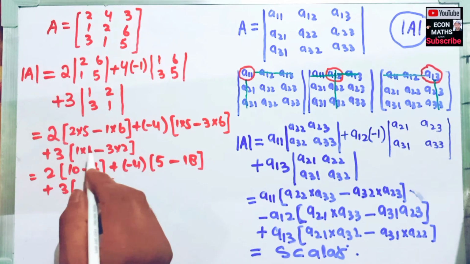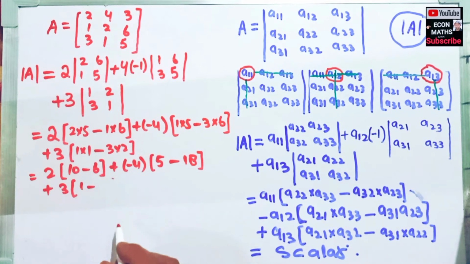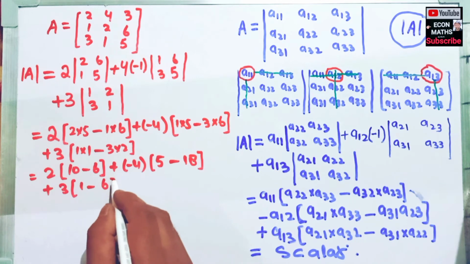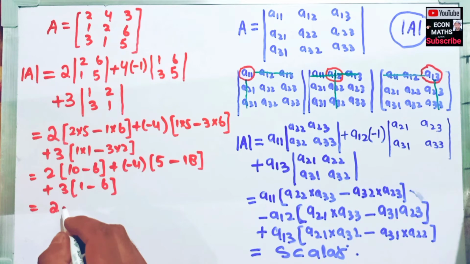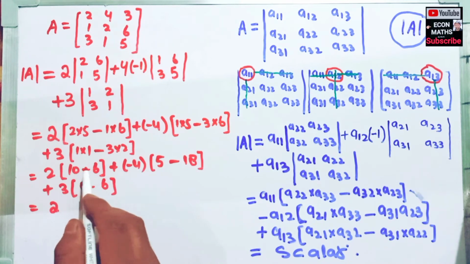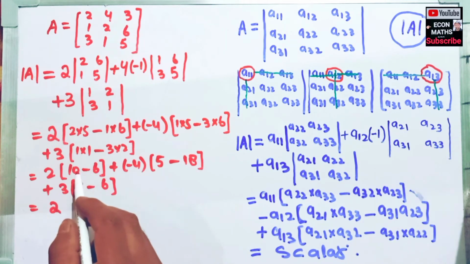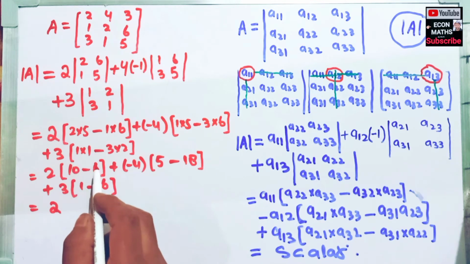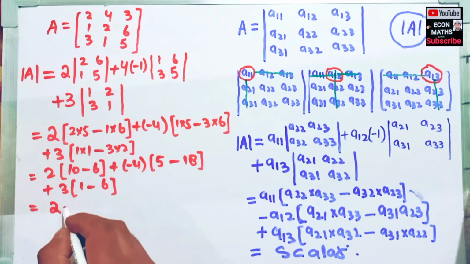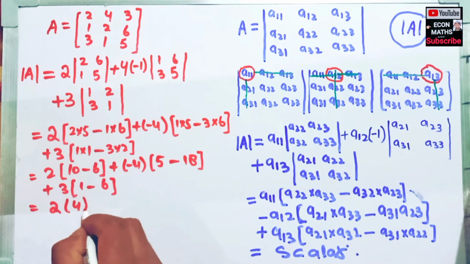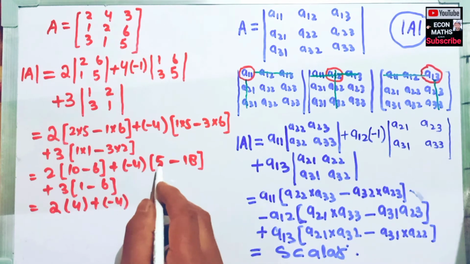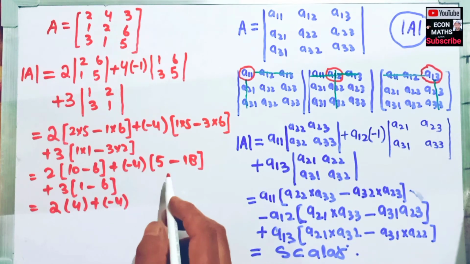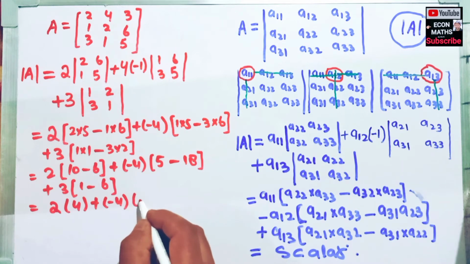Now here 1 1 is 1 minus 3 2s are 6. So this will become 2. Now 10 minus 6 is 4, plus -4. Here 5 minus 18 is -13.